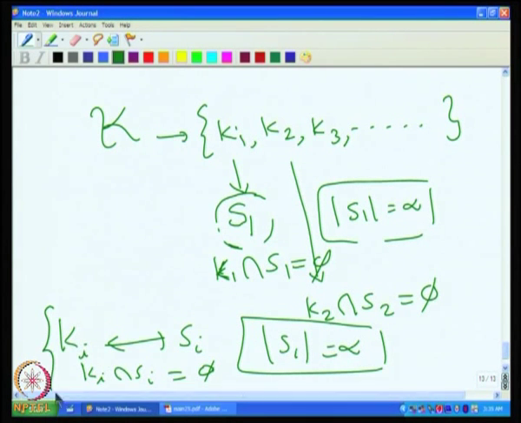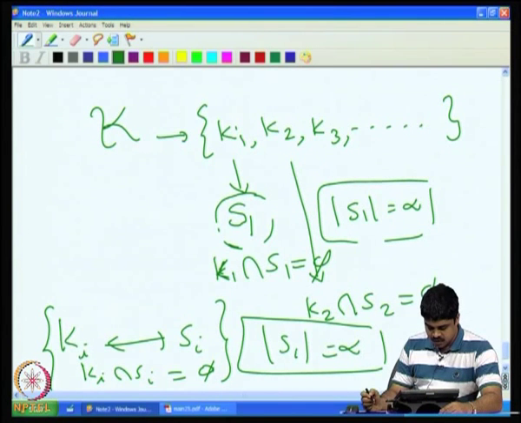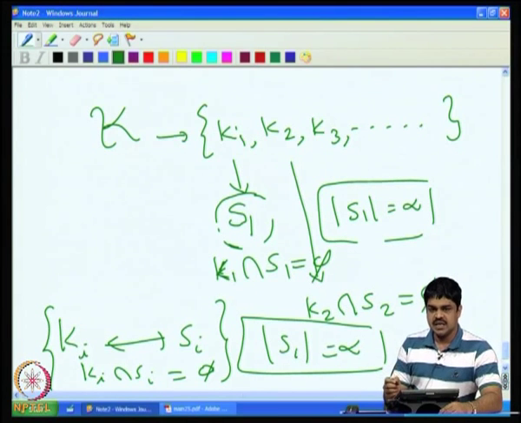This is the point. It means that with each Ki I can associate a maximum independent set Si such that Si does not intersect with this Ki. Suppose this happens; we will show that there is a contradiction.